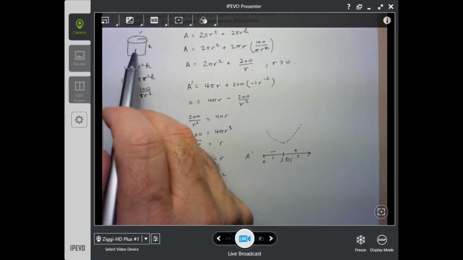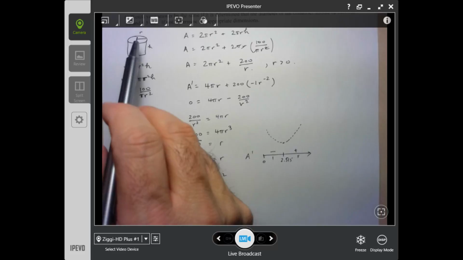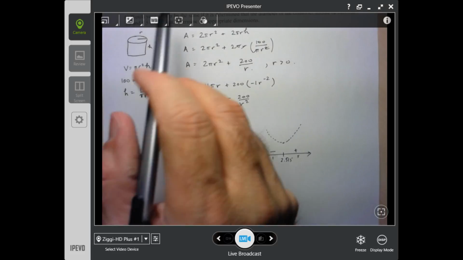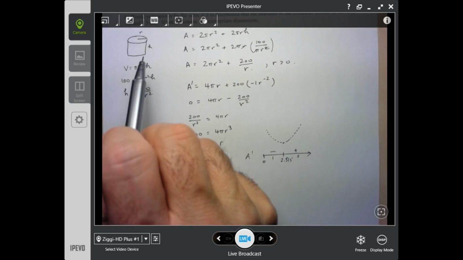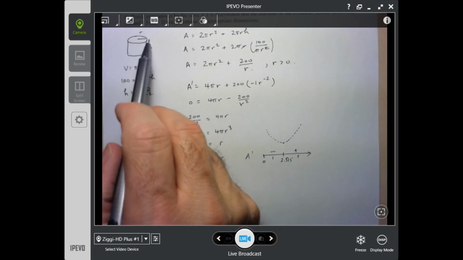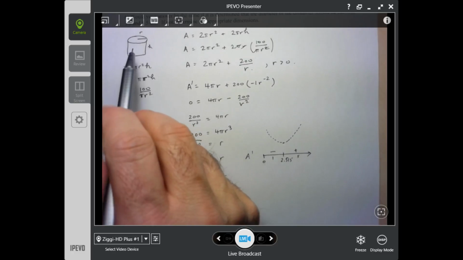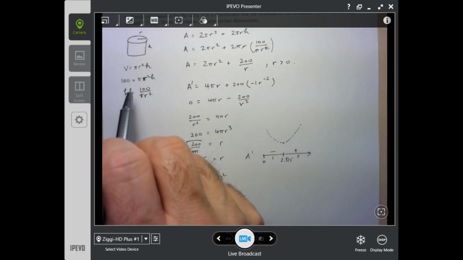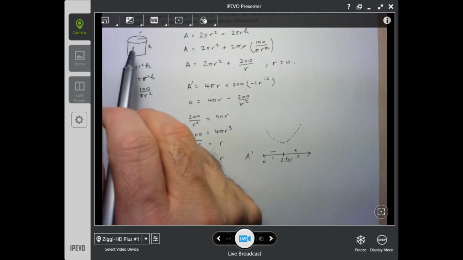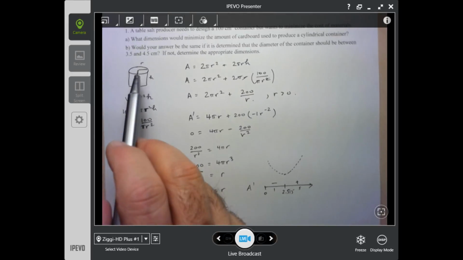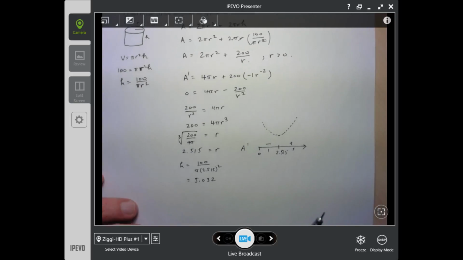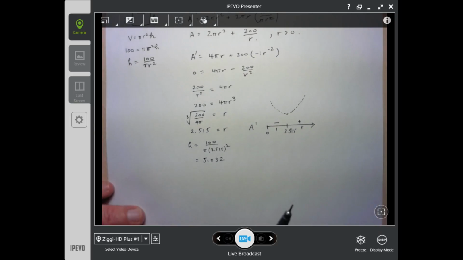Now you might remember that back from grade 9, where we determined that the optimal cylinder, with no other constraint than knowing the volume, was going to be the cylinder for which the diameter and height are the same. So in other words, the cylindrical equivalent of a cube. We're going to see that this isn't always the case when we start adding other constraints like we have in part B. But this is a nice result because it's perhaps something familiar.